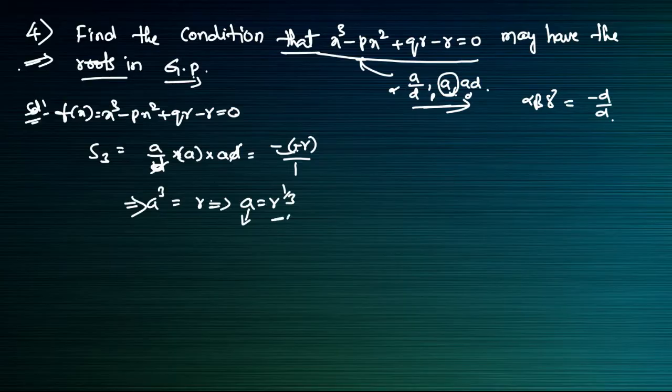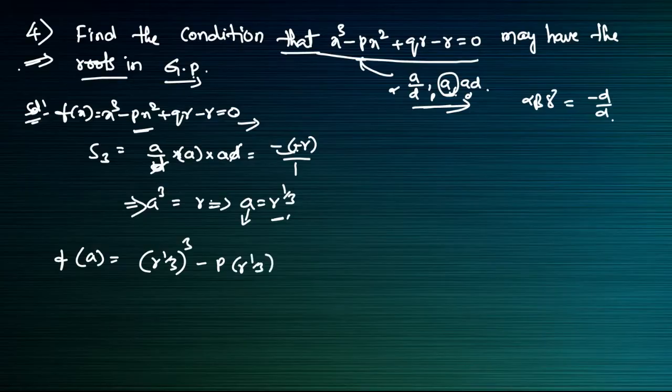One factor we got, now we will substitute this value in the equation f of x. F of a is equal to how much? In the x place I will substitute r power of 1 by 3. So r power of 1 by 3 whole power of 3, minus p into r power of 1 by 3 whole power of 2, plus q into r power of 1 by 3, minus r is equal to 0.